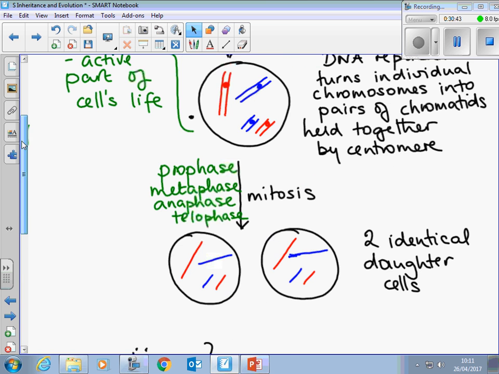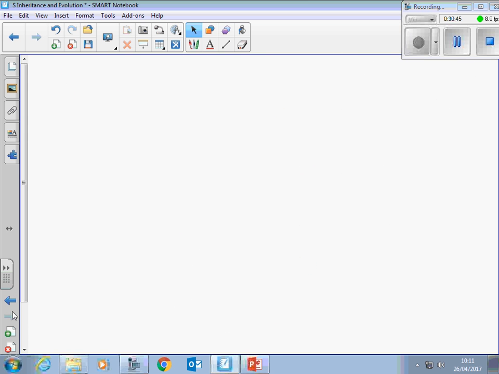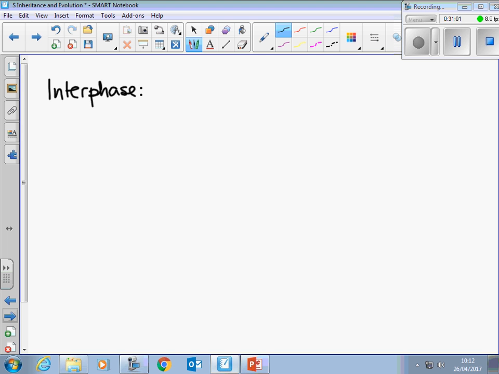Right, okay, let's start a new board for this. I'm going to lay this out in a particular way. So interphase is the active life of a cell between divisions.